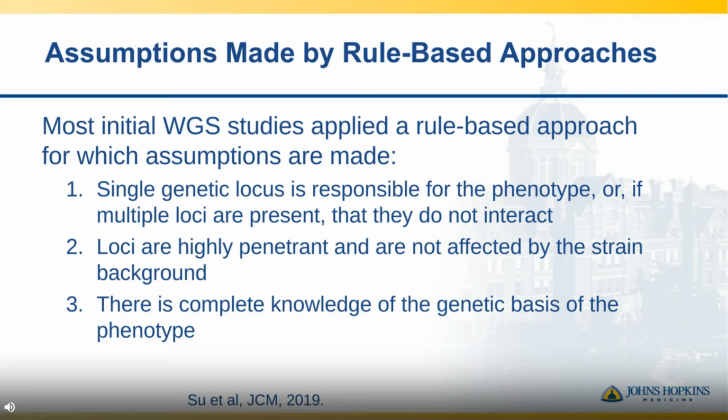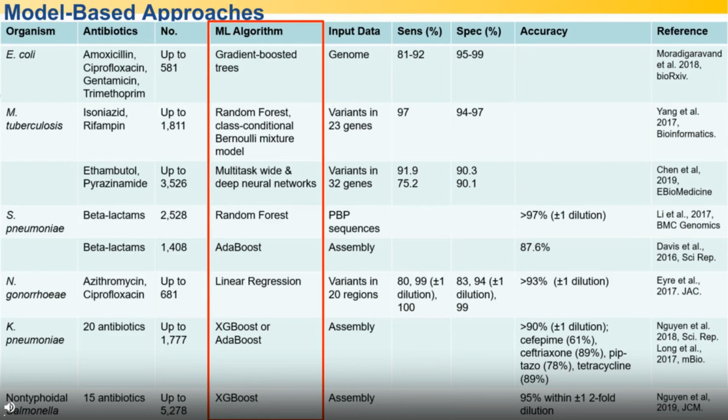And so what the model-based approaches attempt to do is capture that uncertainty in the genetic basis of resistance and reduce overfitting of that data using a variety of statistical modeling and machine learning approaches, as I've highlighted in the red box here.